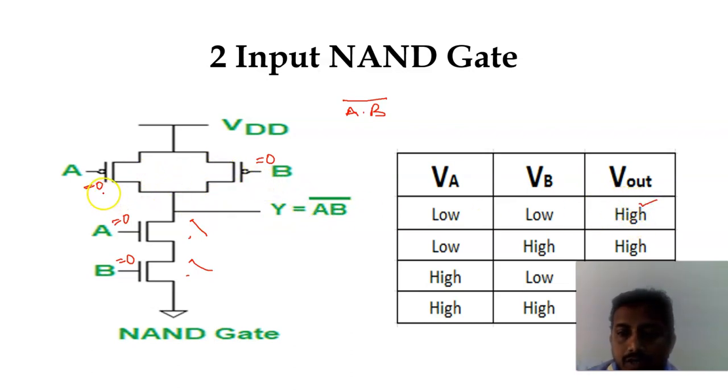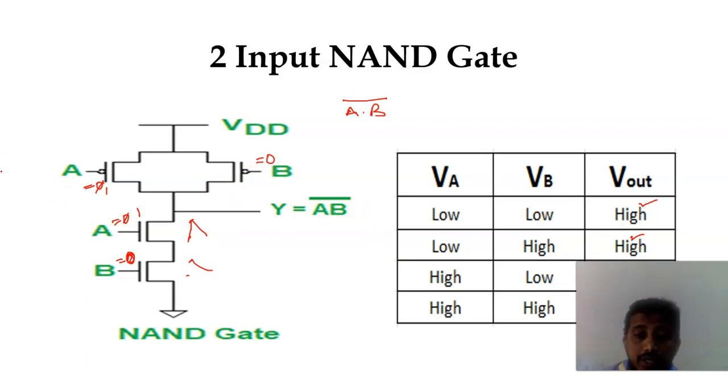Let's take the case where one of the inputs is made high. Even though one of the inputs is high, this one is high over here and this is low. So here also, this is an open switch, this is a closed switch. There is no path to ground. So output would be high again.